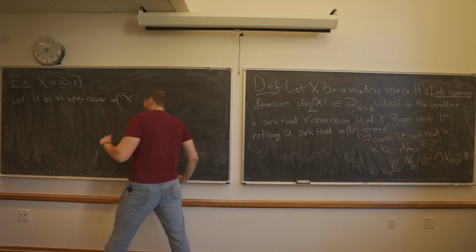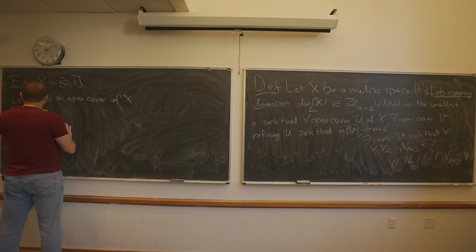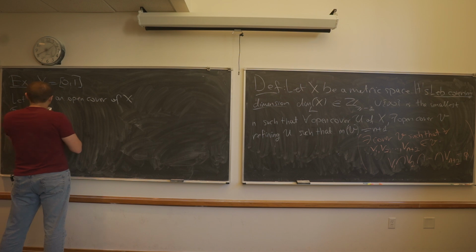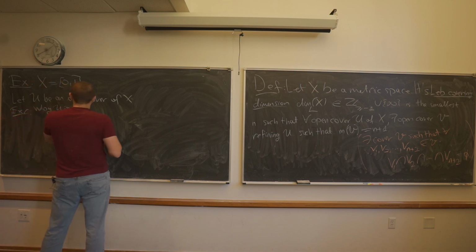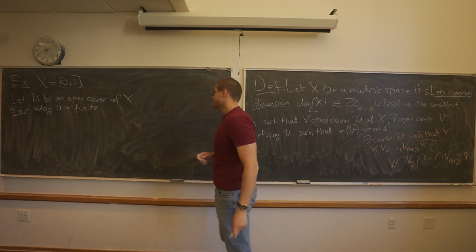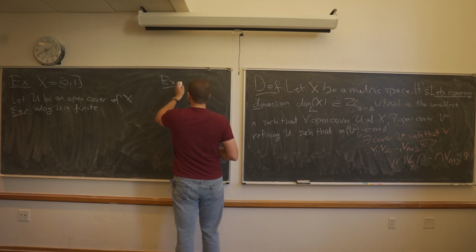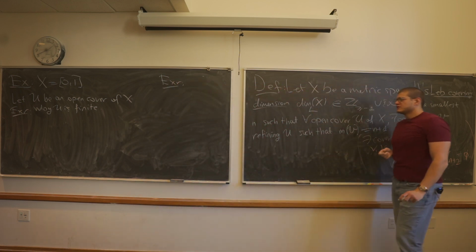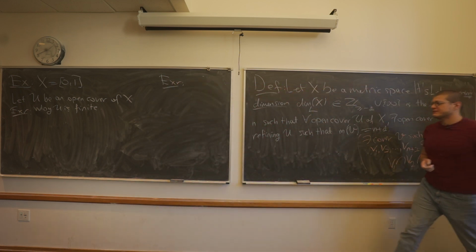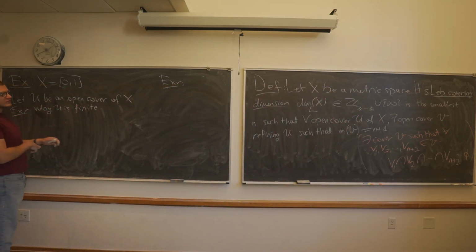First, an exercise. I can assume that U is finite, in fact, without loss of generality. There's this statement that some of you know, but still, let me just write it here. A metric space is compact if and only if any open cover has a finite subcover. So you can just discard all but finitely many elements in your cover, and that's still a cover.